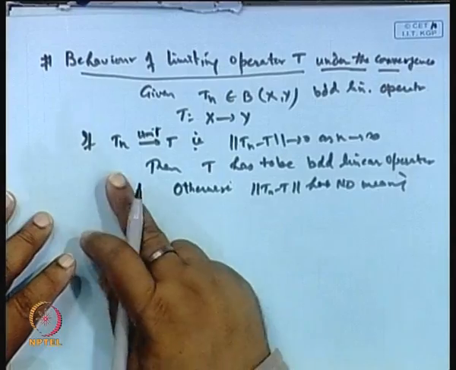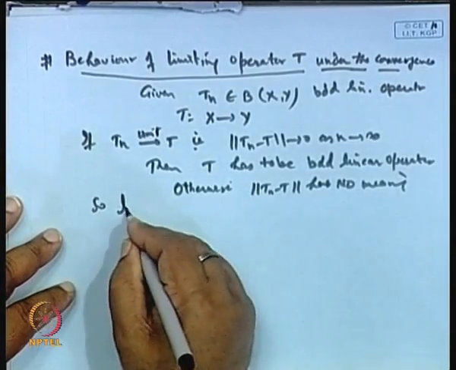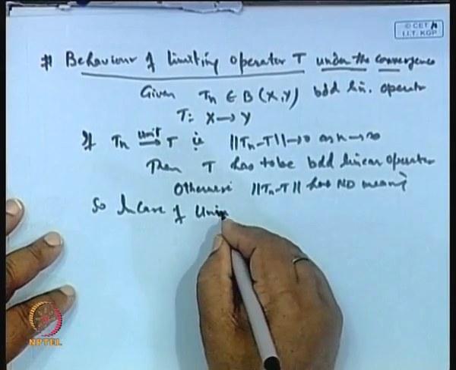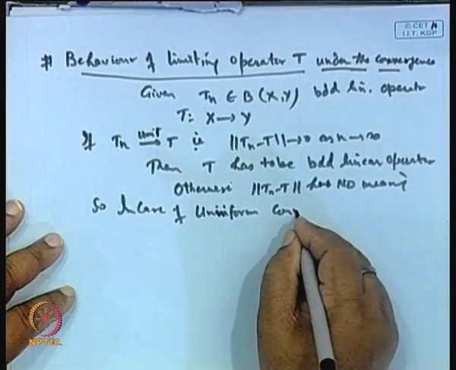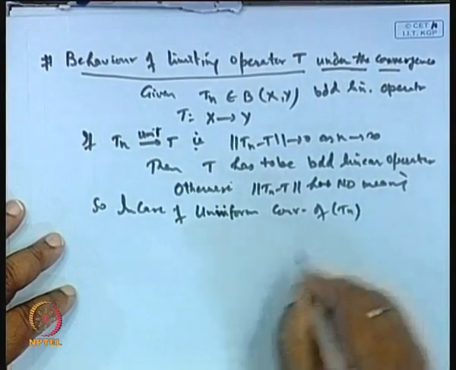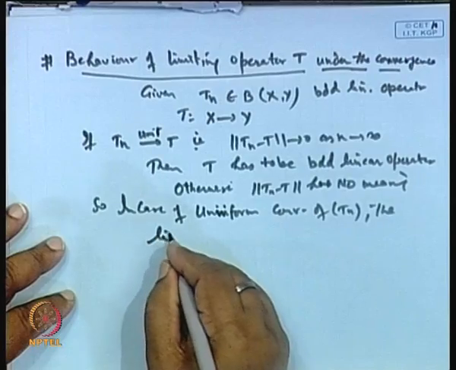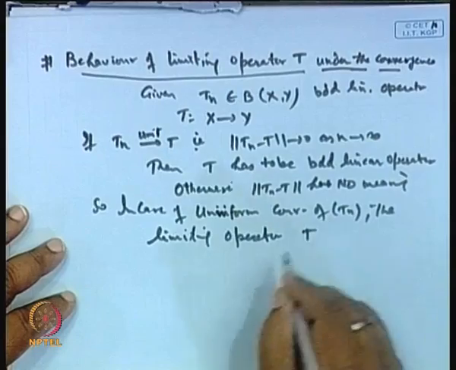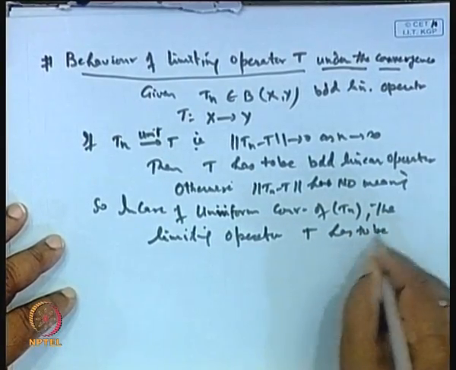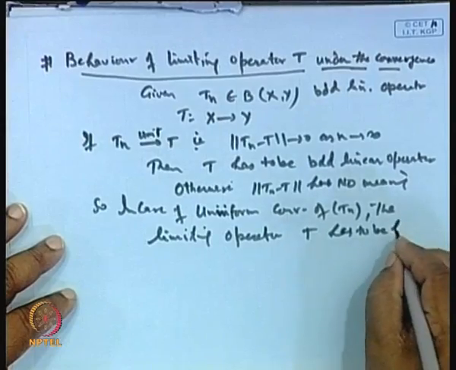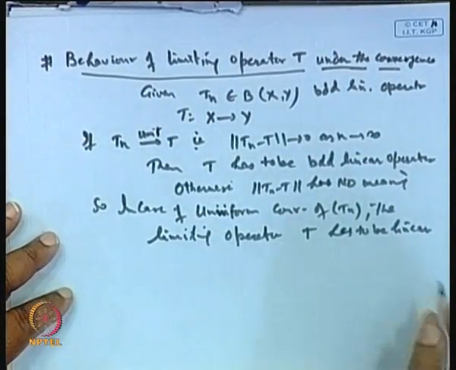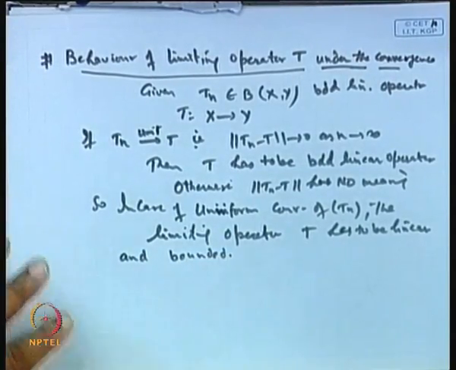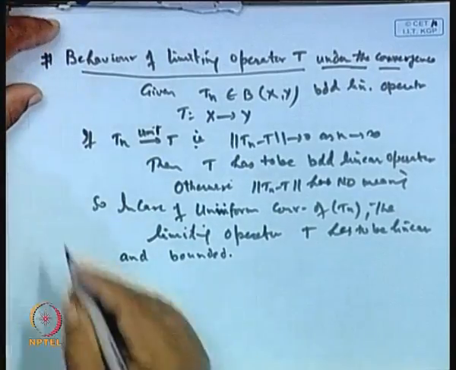So, in case of uniform convergence of T_n, the limiting operator T has to be linear and bounded. Clear?